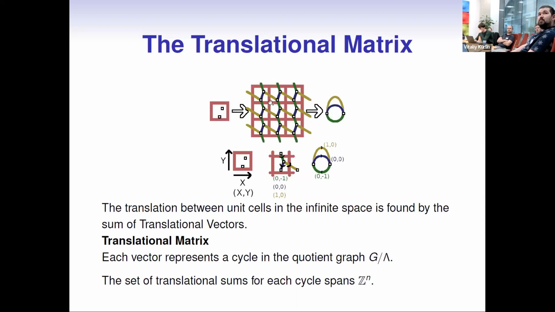That creates a cycle, but it doesn't benefit us. And why is that? It's because the new cycle sum is integer dependent on previous vectors in the translational matrix.